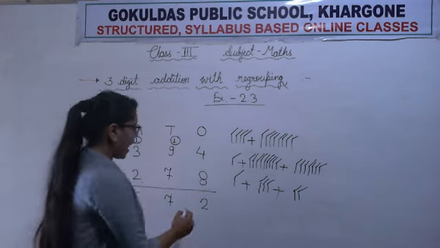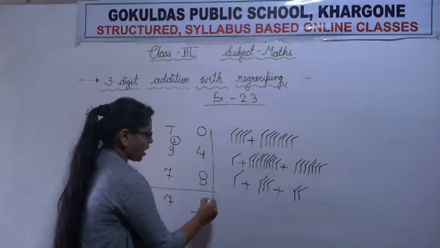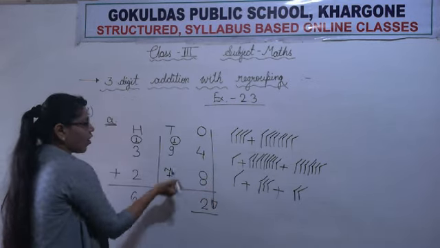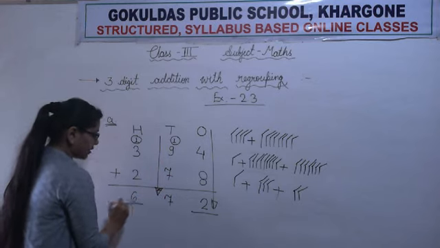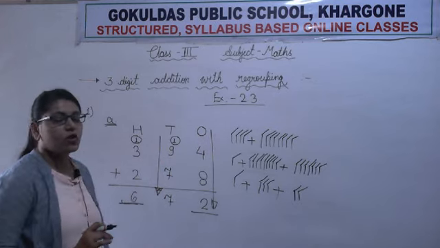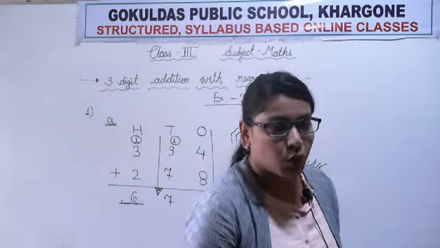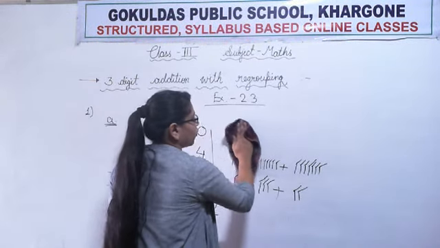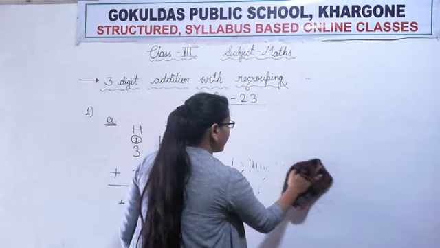You can see I wrote the answer of ones below ones, the answer of tens below tens and the answer of hundreds below hundreds. So you also have to do like this only, and this is our rough work, no need to draw this in your fair work.